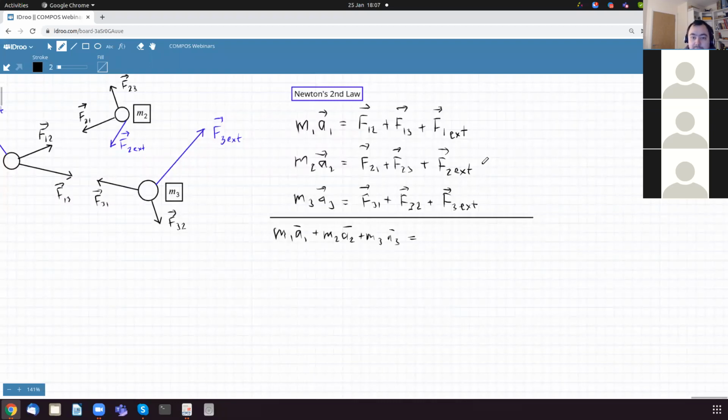Now, from Newton's third law, we know that in an interaction between 2 objects, the forces are equal and opposite. And if you're adding equal and opposite forces, they add up to 0. So F12 and F21 have a total of 0. F12 plus F21 is equal to 0 because of Newton's third law.